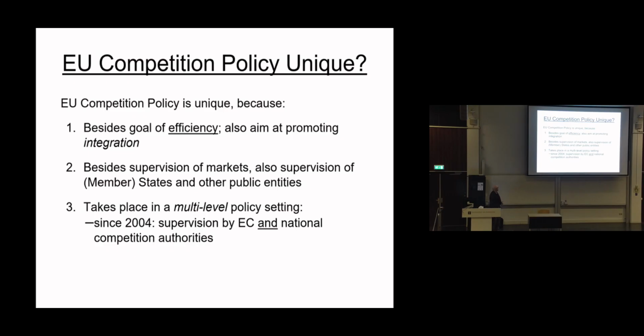And third, it takes place at a multi-level, with supervision by the European Commission, and there is also a role for national competition authorities. So actually, it's quite a complex level of supervision. The most important cases, however, are handled by the European Commission, as I just explained.